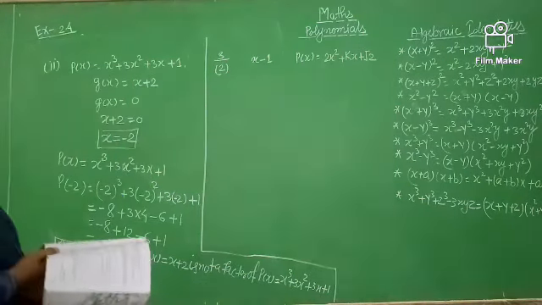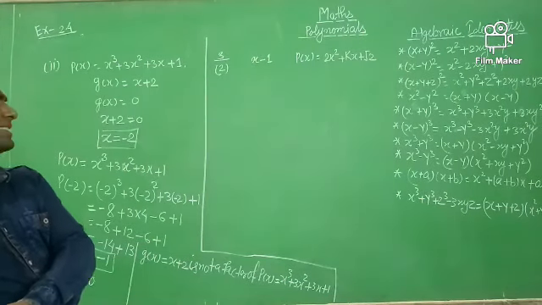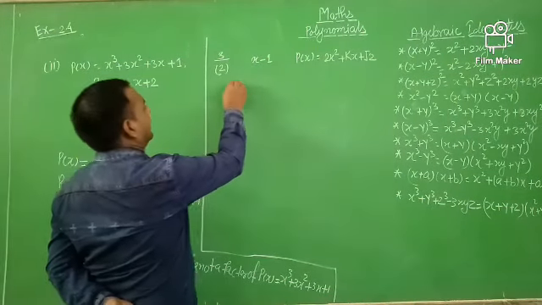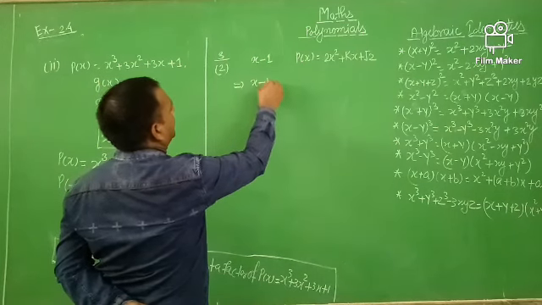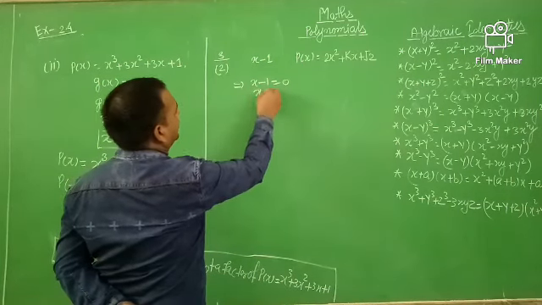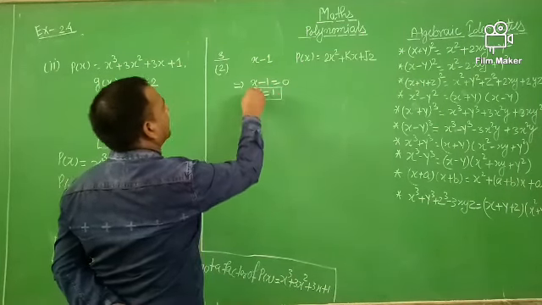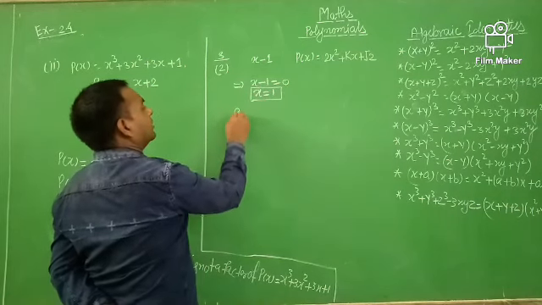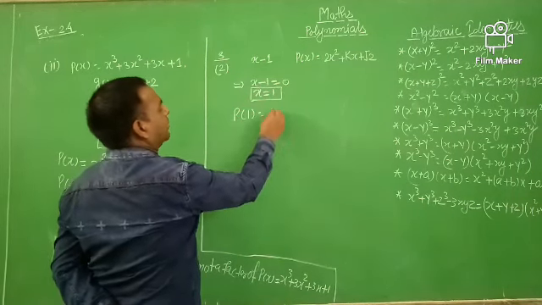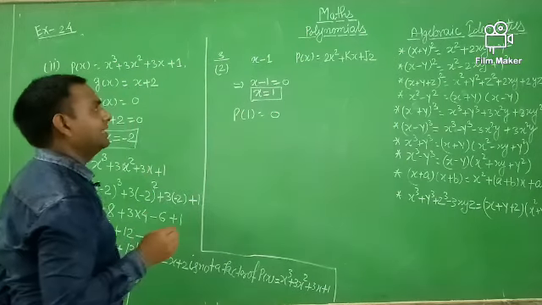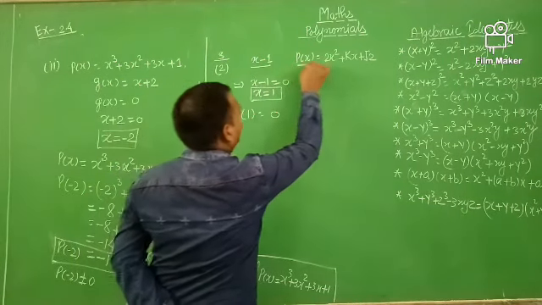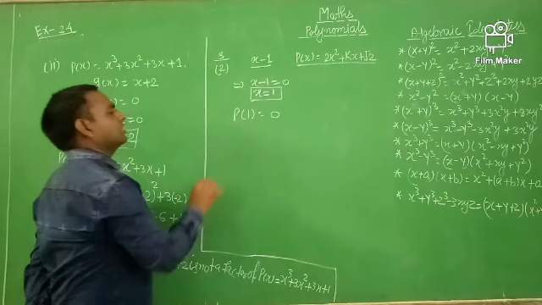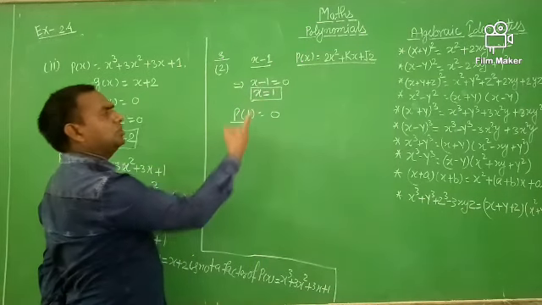If x minus 1 is a factor, then x minus 1 is equal to 0, so x is equal to 1, and p(1) is equal to 0, because x minus 1 is a factor of p(x), as given in the question, so definitely it is equal to 0.